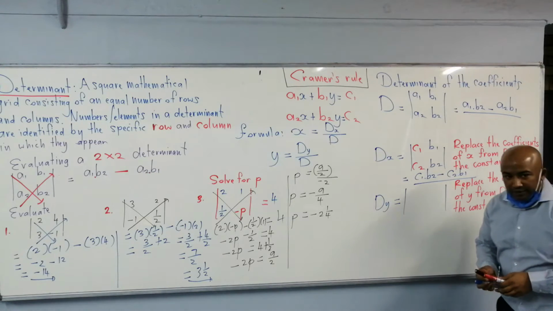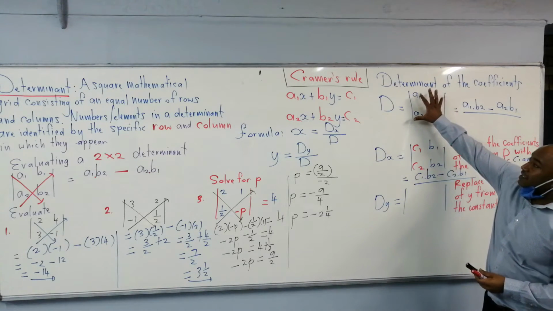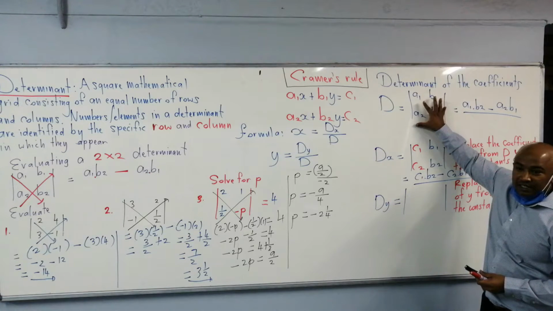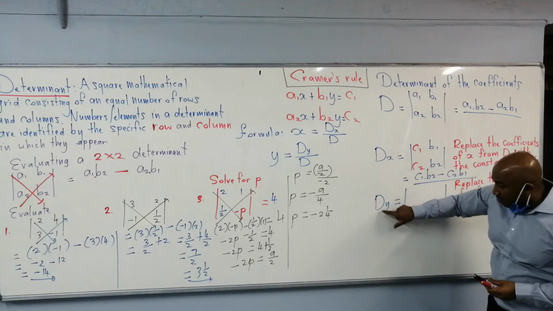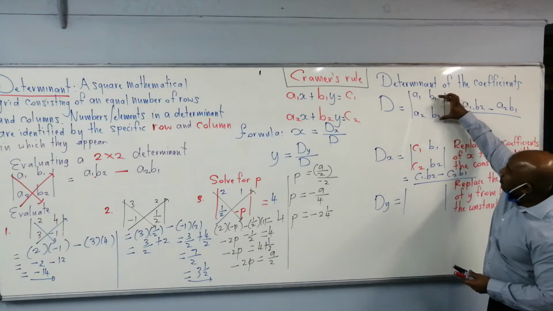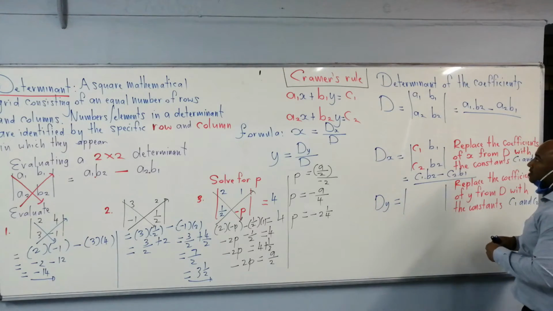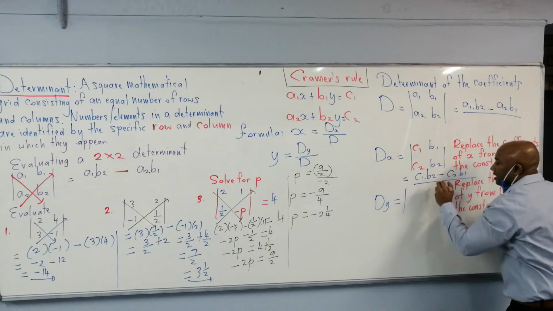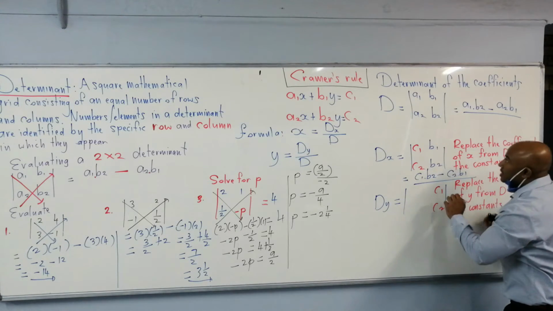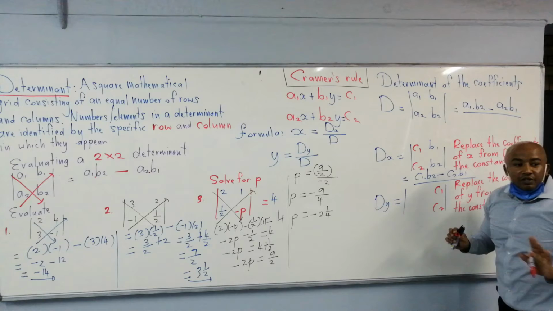So let me do it now. You go back to your determinant of coefficients. This time, if I'm working on Dy, I will replace the y column with C1, C2. So I remove this, write down C1, C2, and the original x column you do not interfere with.